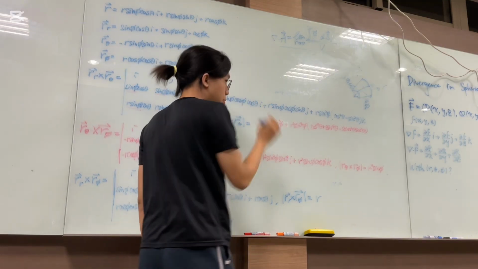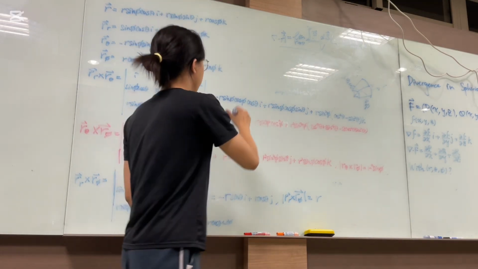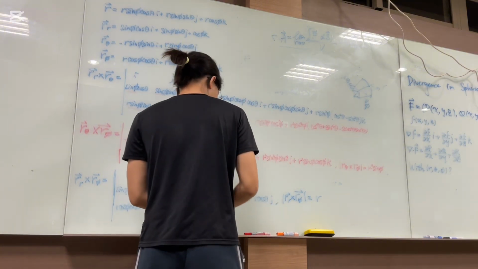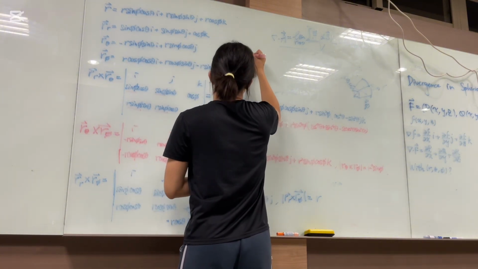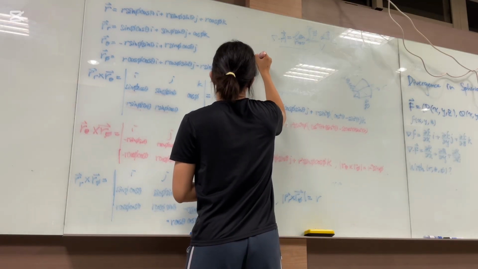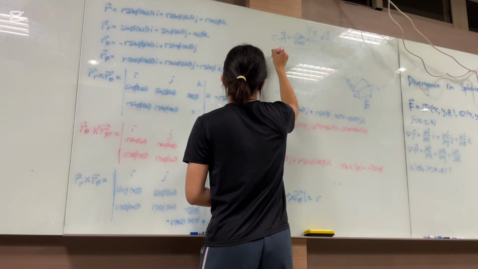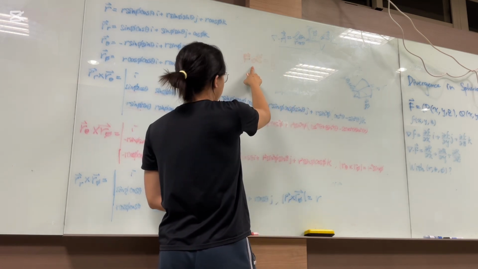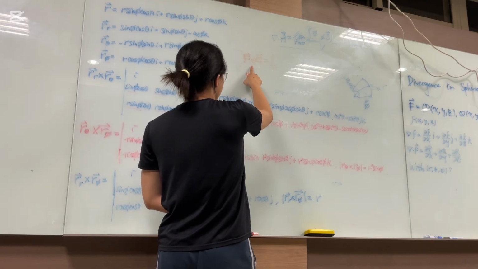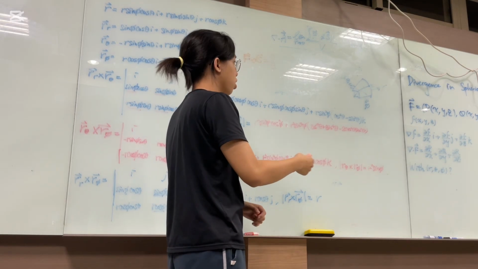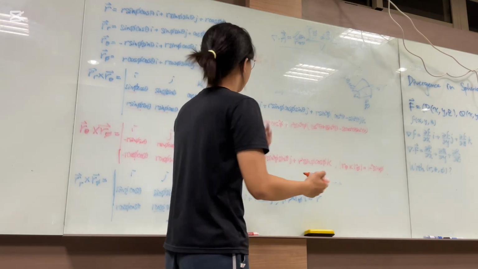So for example, we only do r. For example, like this. For example, we want to do this, and we can take out the vector, and the directional vector is n.